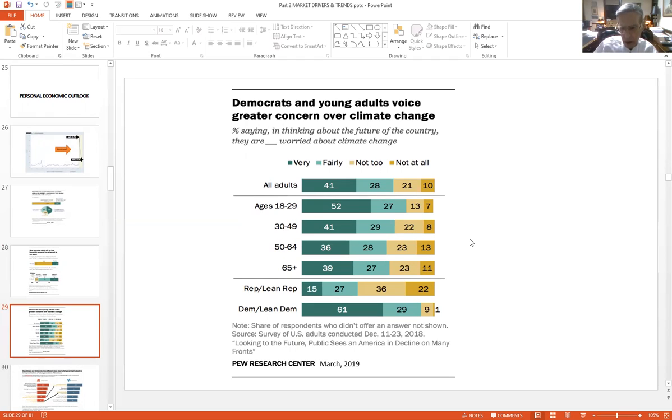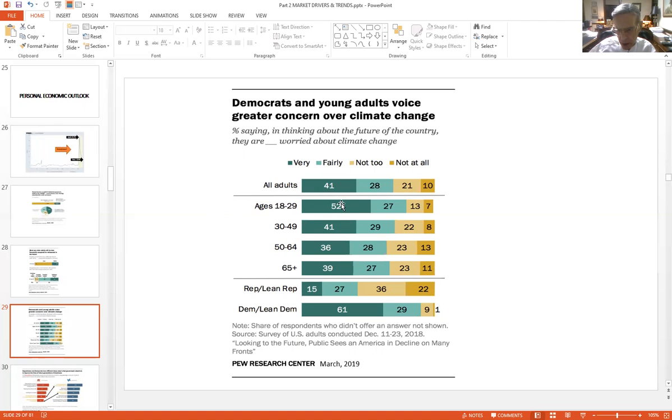Another result from the Pew research had to do with climate change. And here we can see some rather dramatic differences. All in all, about 69, almost 70% felt that they're either very worried or fairly worried about climate change.